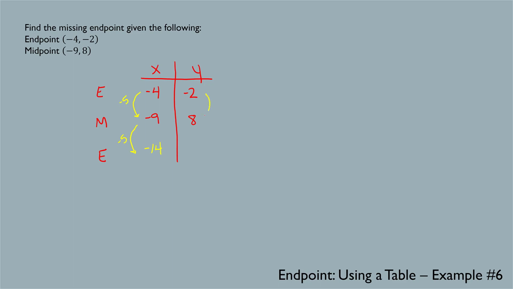So -2 to 8 is +10. So I'm going to do it again to get to the other end. 8 plus 10 is 18. So there we have our endpoint. -14, comma, 18.